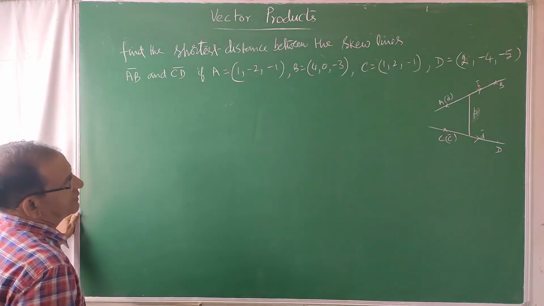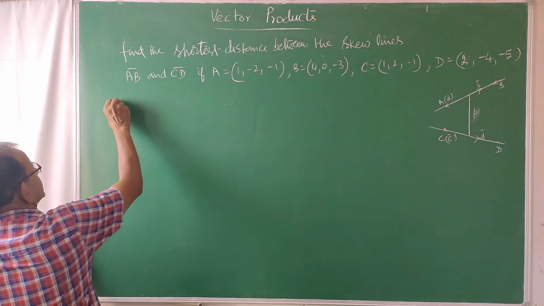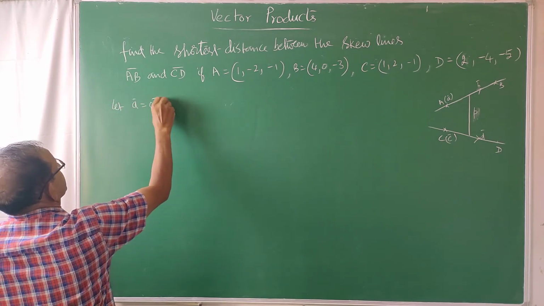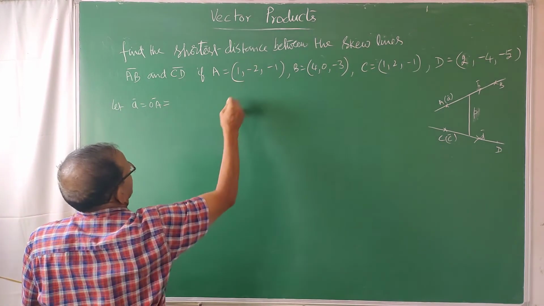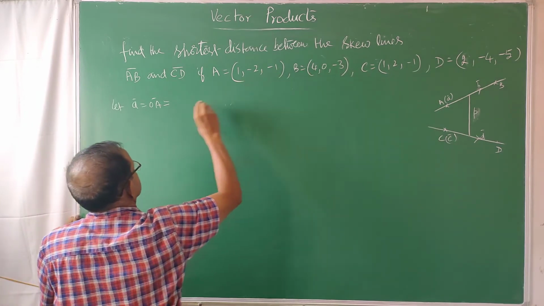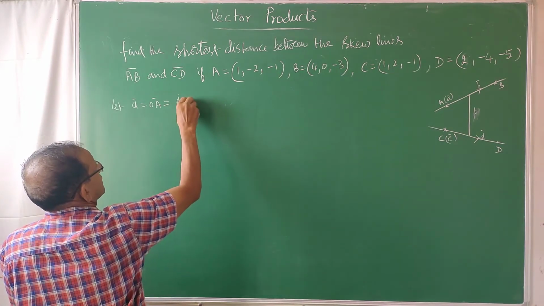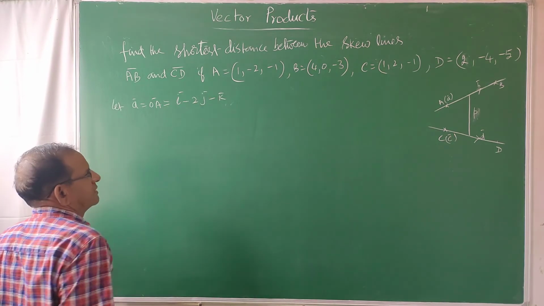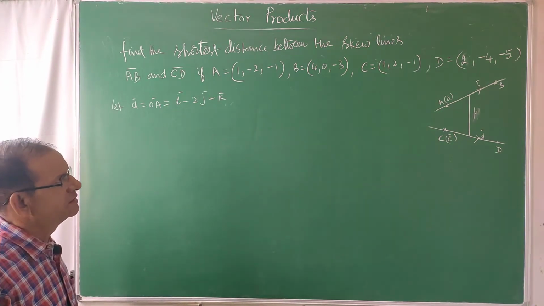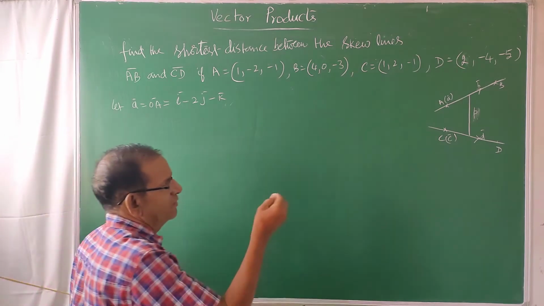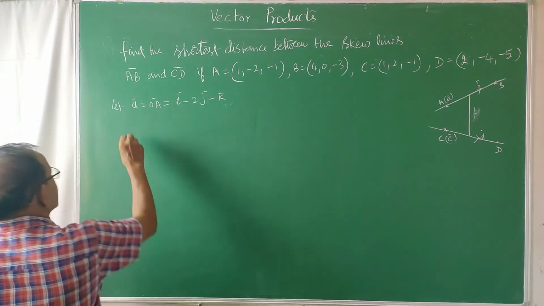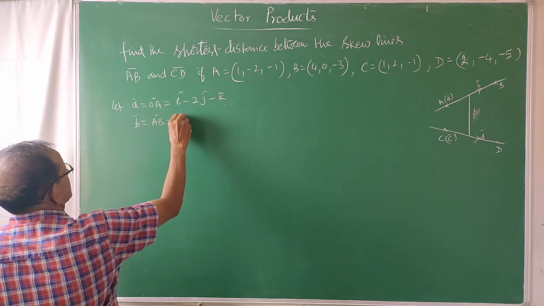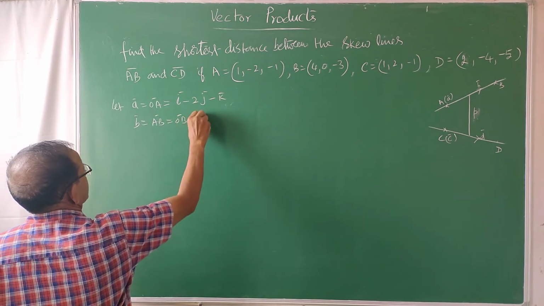Now take A bar as OA bar, that is the point 1, minus 2, minus 1, that is I bar minus 2j bar minus k bar. And B bar is AB bar, that is OB minus OA.